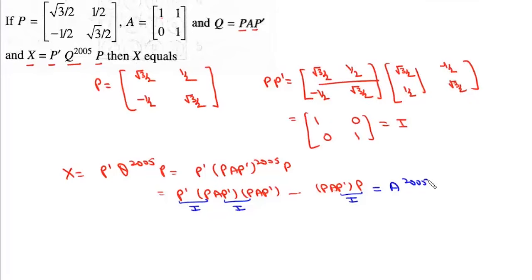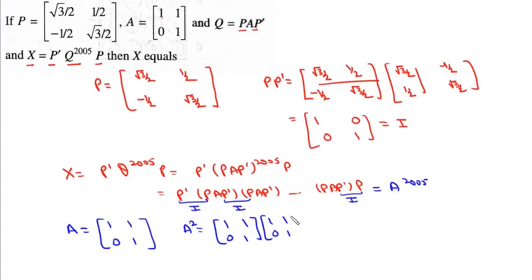Now we need to find A to the power 2005. Now this A is 1 1 0 1. Now we find A square, which will be 1 1 0 1 into 1 1 0 1. Now we multiply it, it will be 1 2 0 1.